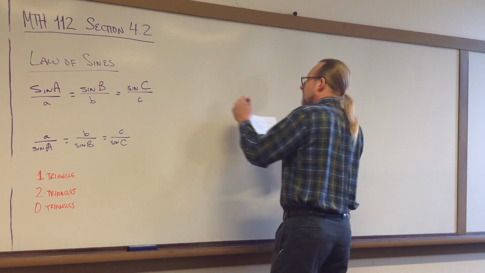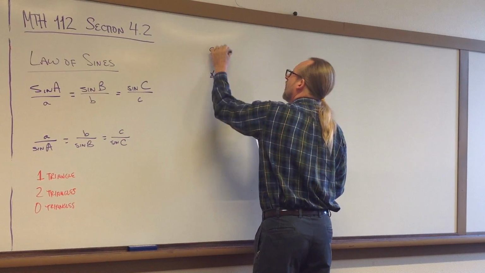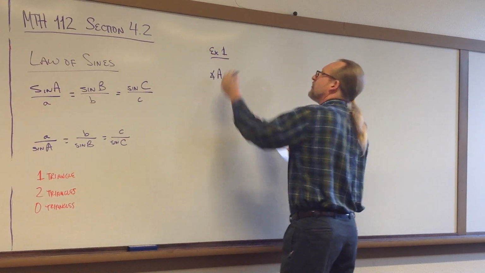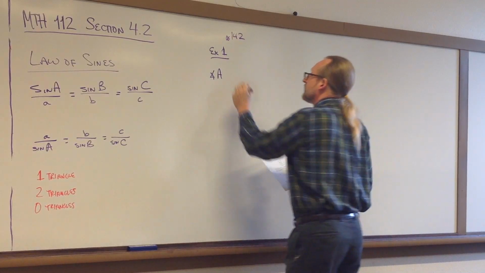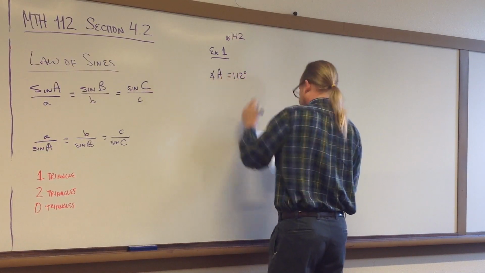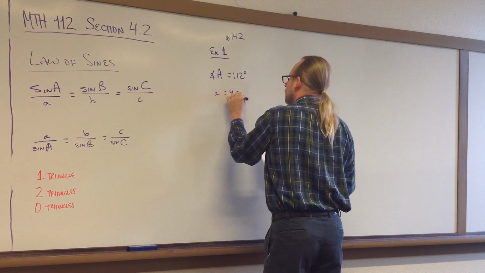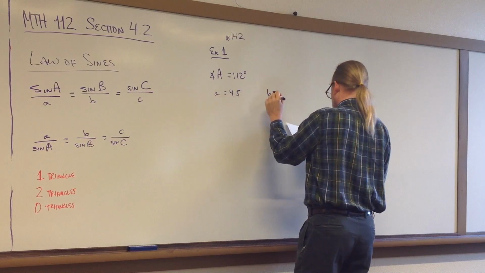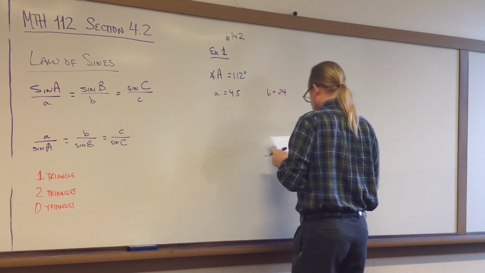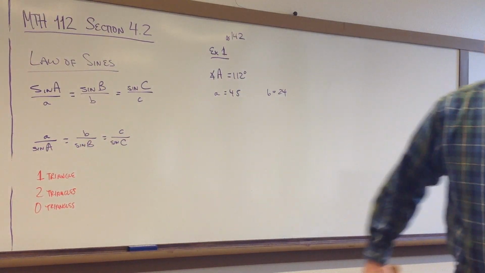This is example 1 from page 142. Angle A is 112 degrees. Side A is 45. Side B is 24. Then we can use the law of sines to find angle B.